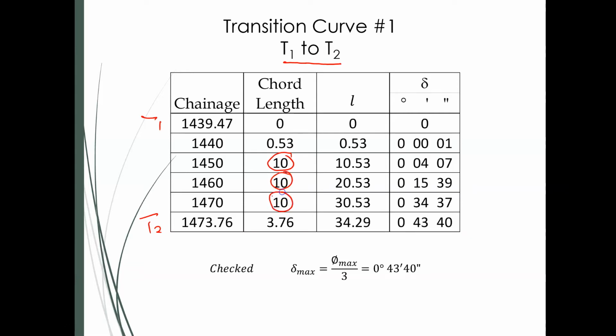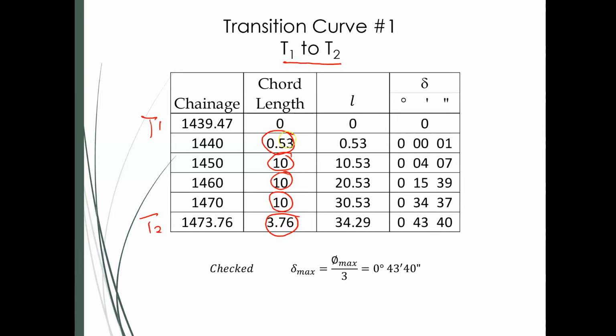As I explained earlier in the previous slides, the first interval, between the first tangent point and the first point on the curve, and the last one, between the last point on the curve and the second tangent point, most likely will not be what the interval wants.